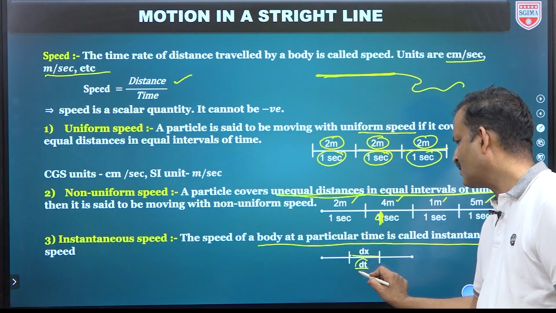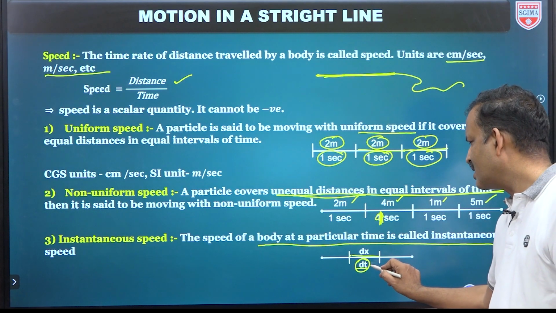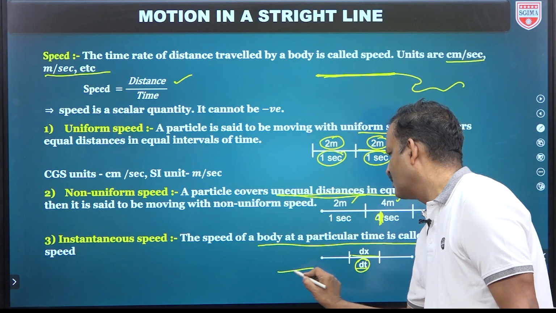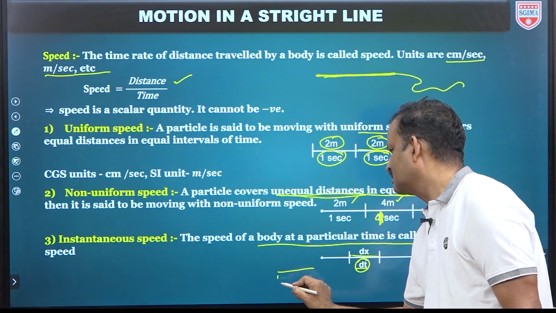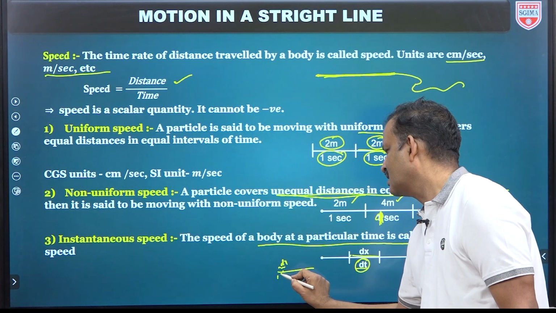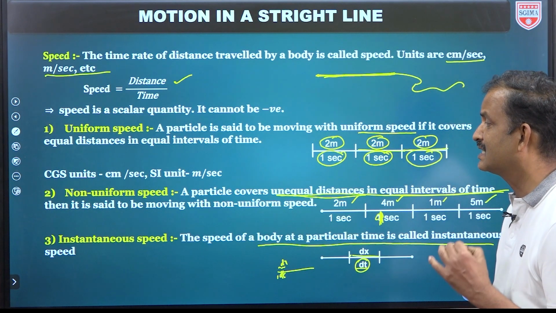This very small interval of time we have to consider. Suppose very small, 1 second to 1.000001 second. The body covers dx distance in that time interval dt, then dx by dt is the instantaneous speed.